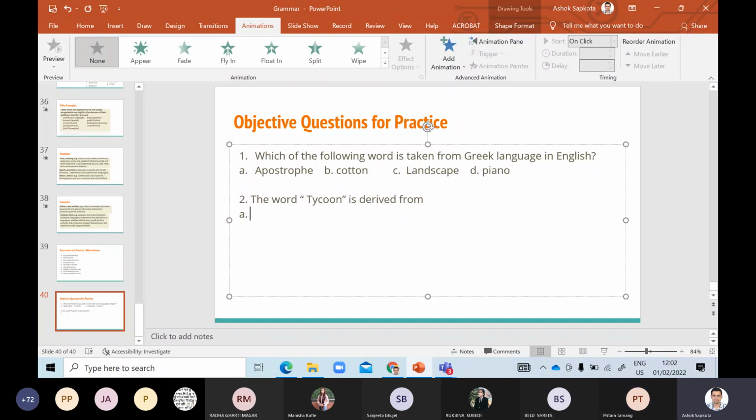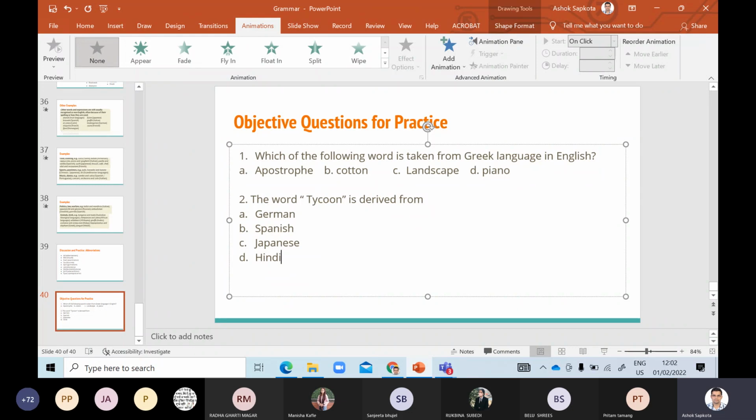Option A, German. Option B, Spanish. Option C, Japanese. And option D is Hindi. Try it. Japanese.